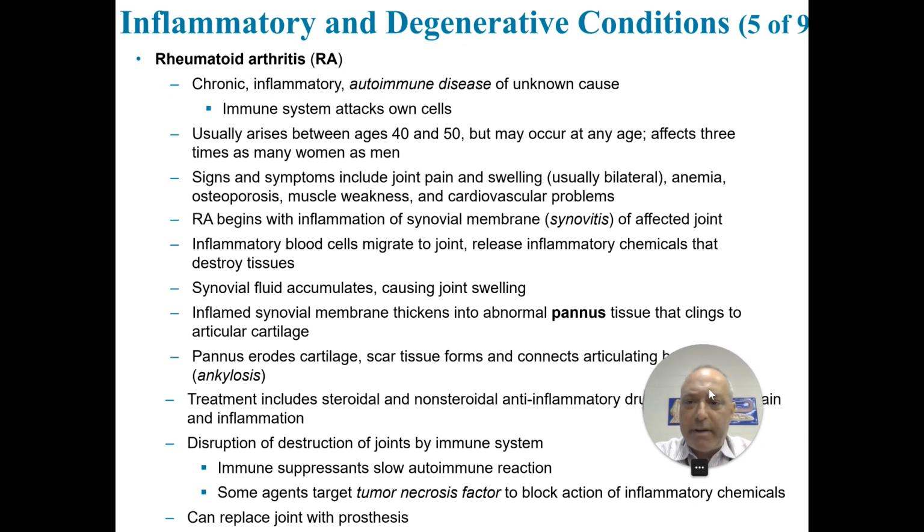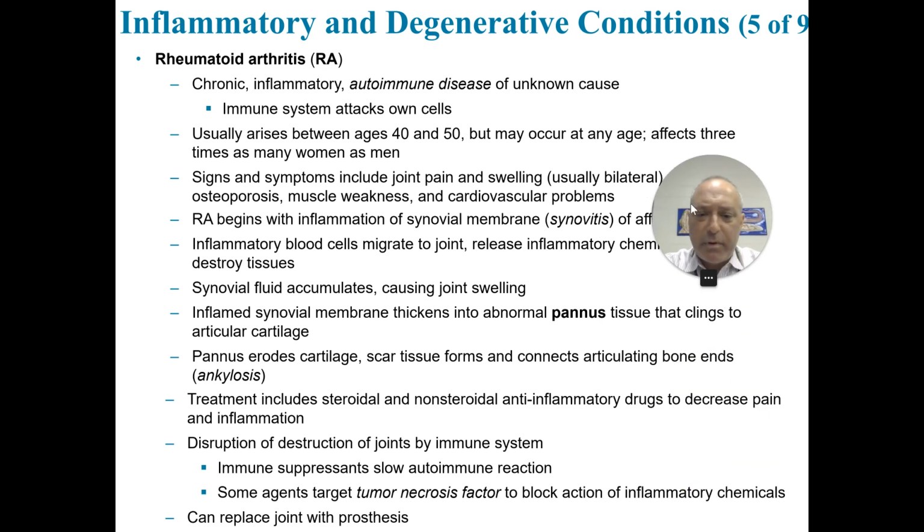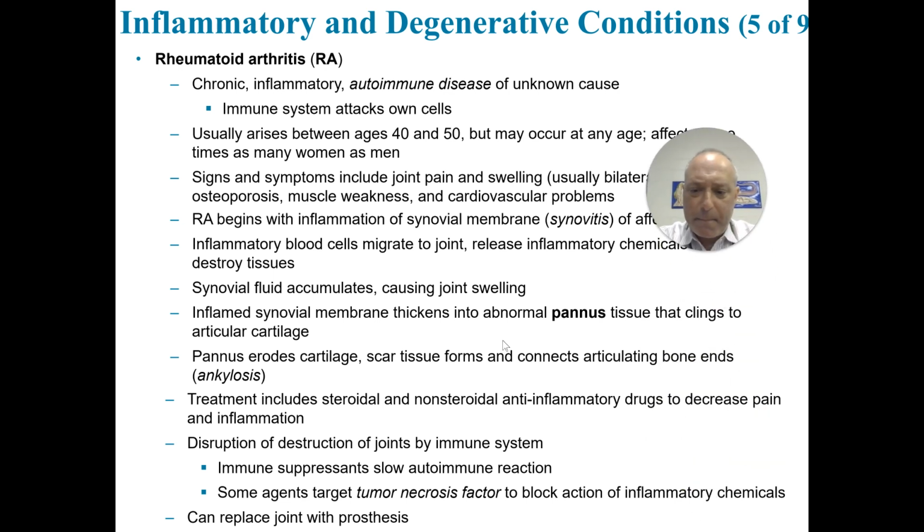Okay, rheumatoid arthritis, this is an autoimmune disease where you have chronic inflammation. So the body is attacking its own cells. There's a lot of pain and swelling in rheumatoid arthritis. You can go through some of these, but the treatment would be immune suppressants to blunt the immune system so that it's not as powerful.